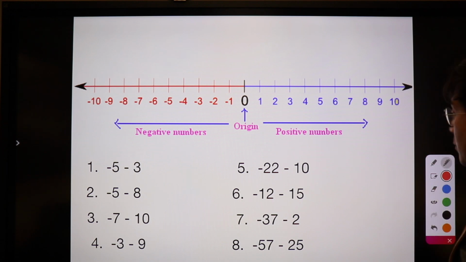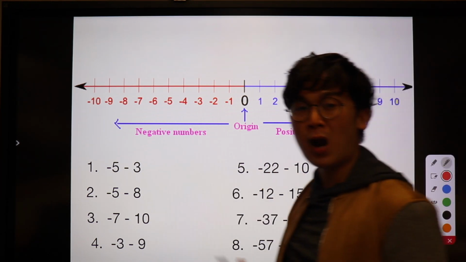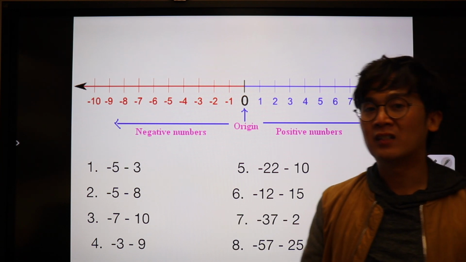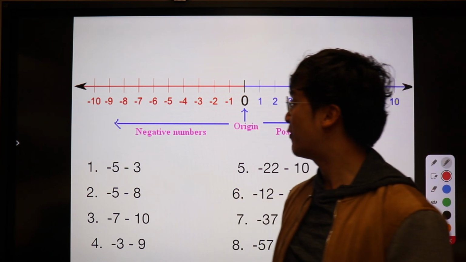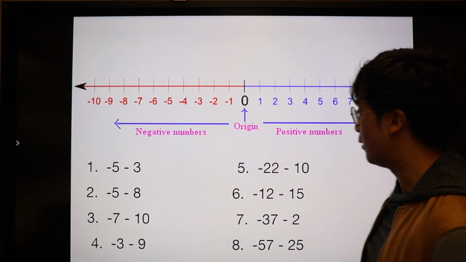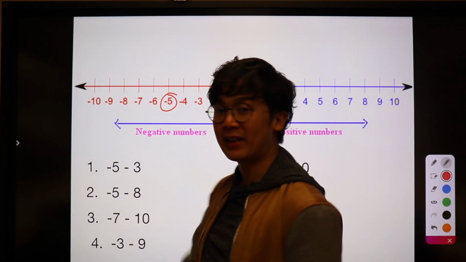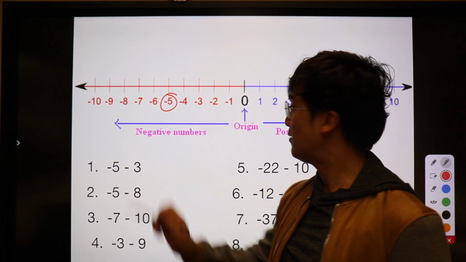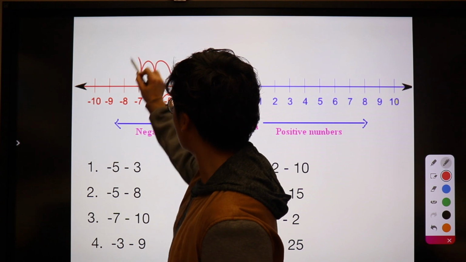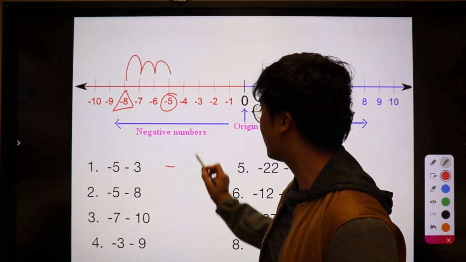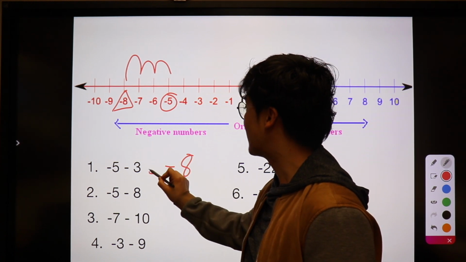Now, next set of problems, we'll have problems involving 2 negatives or subtraction of negative numbers. So if number 1 is negative 5 minus 3, using what we did a while ago, negative 5 means you will start at negative 5, and you're going to move 3 units to the negative direction. So we have 1, 2, 3. So our endpoint is at negative 8, so our answer is negative 8.